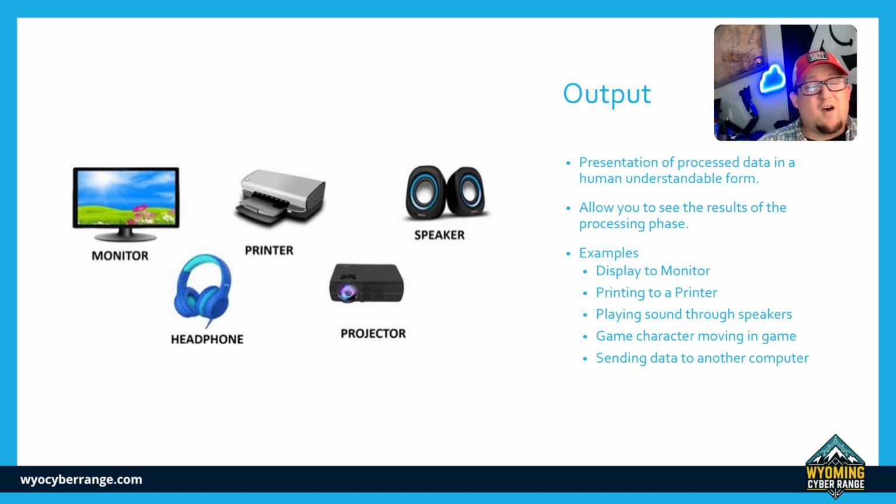It can come out as audio, like through an audio speaker or headphones, or even be projected through a projector onto a screen. All of this data is output, so we need to make sure we can capture said output and utilize it. And 9 times out of 10, we're going to be using it as audio output or visual output.